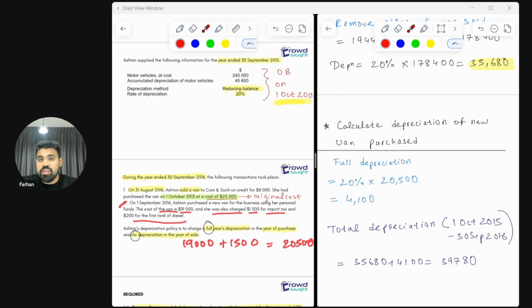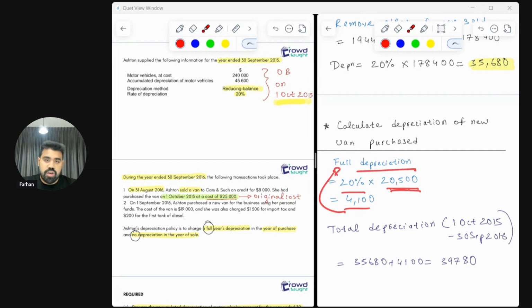Altogether, it is $91,500. We do not include the tank of diesel, $200, because it's basically the running costs for this vehicle, which is not adding any value to this asset. So after establishing that $91,500 is the cost, we multiply the percentage of 20 with this $91,500, which gives us a full depreciation of $18,300 for this new van.